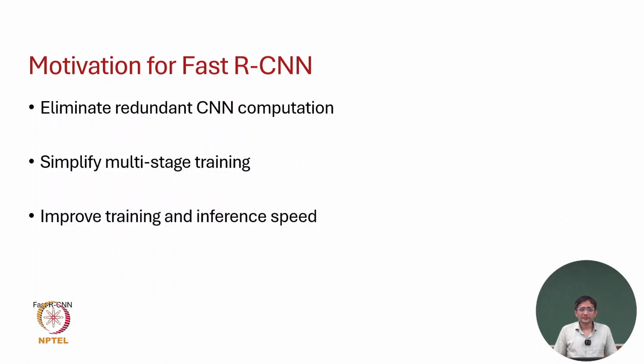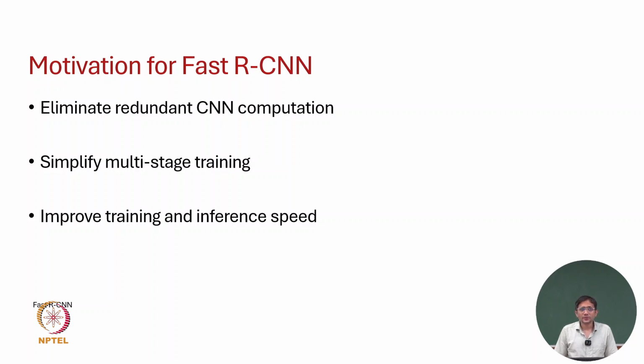Instead, can we do better? Can we just run, let's say, once? So this is one redundancy that needs to be accounted for. We need to simplify the multi-stage training, and we need to improve both training and inference speed. So let us see how we can do this.